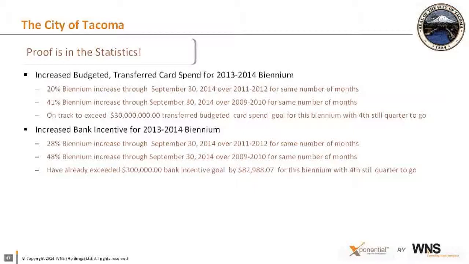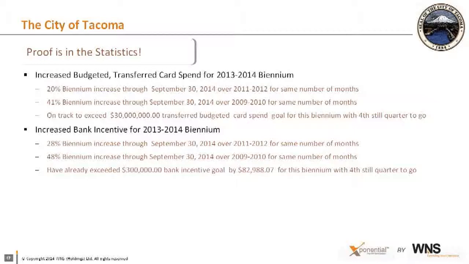Okay, actually, proof is in the statistics. If you look at the transferred spend increases, 20% over the last biennium, 41% over the previous biennium, and that's just since the implementation of Xponential.